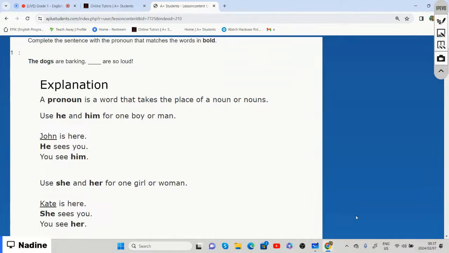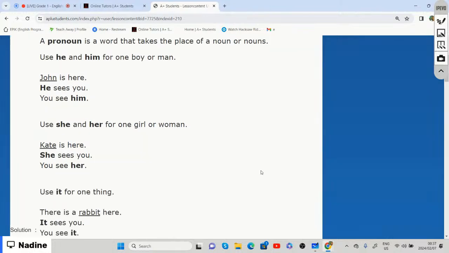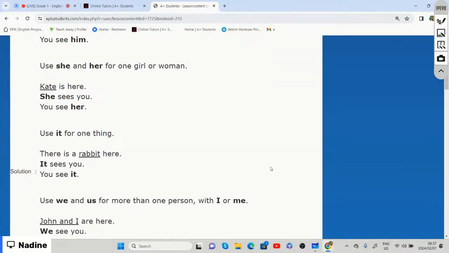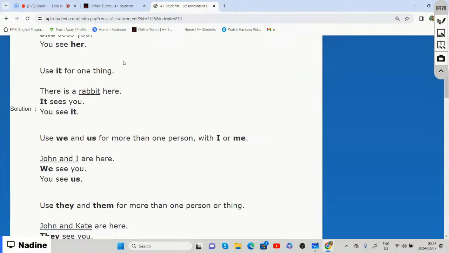And then we have the word she, and we use the words she and her if we're referring to one girl or one woman. She is our subject pronoun, which is at the beginning of the sentence, and her is an object pronoun, which we put after the action verb. And then it refers to one thing.